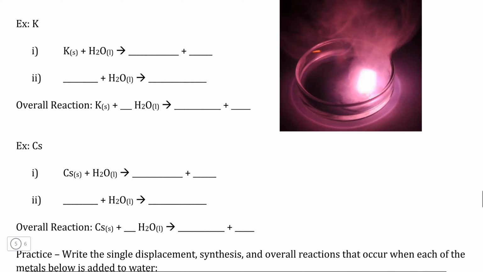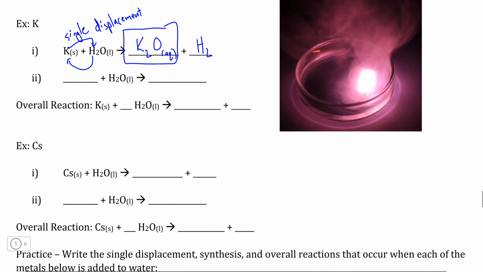Potassium undergoes a single displacement reaction with water, and because potassium as a metal loses its valence electron, it would form a cation, therefore displacing hydrogen from water, giving us the metal oxide, potassium oxide like this, and liberating hydrogen, which would then ignite and produce this characteristic bright pink flame when it is liberated from potassium.